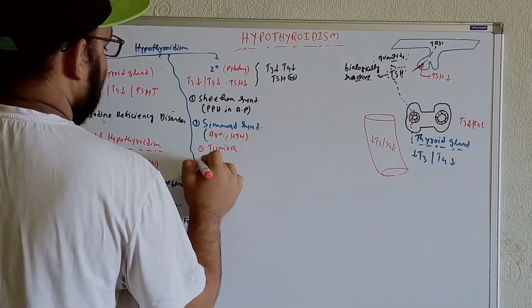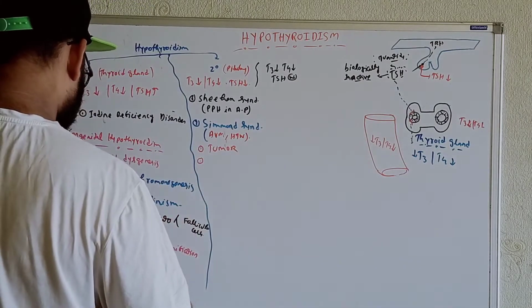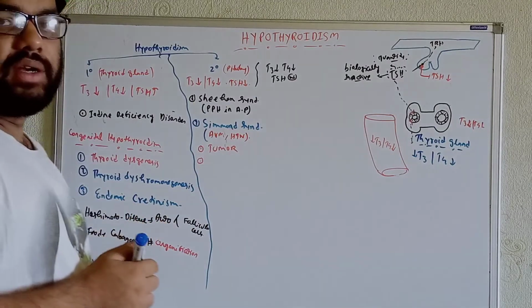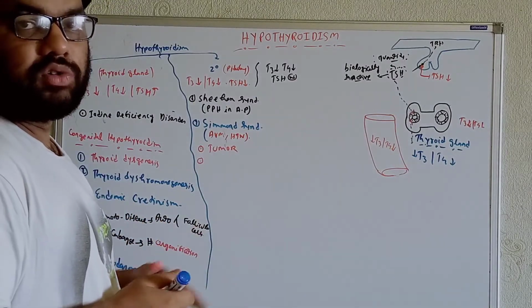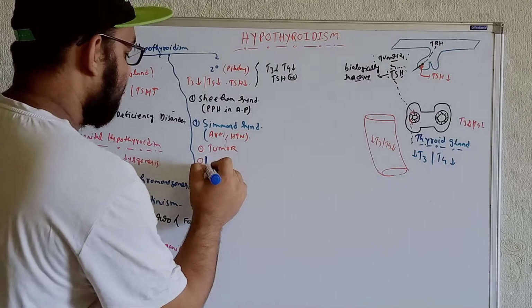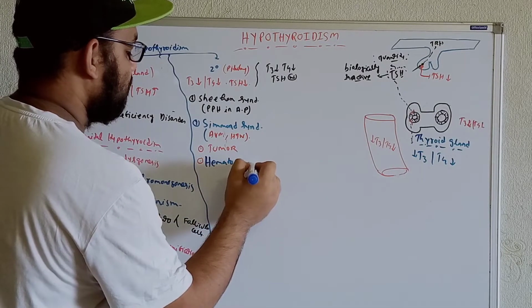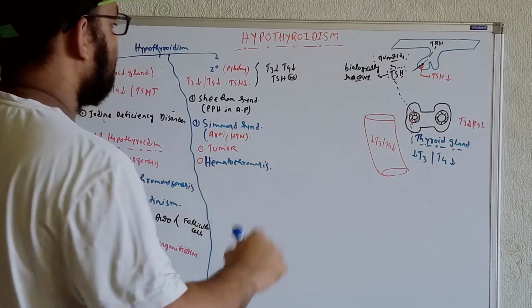Besides these, you have to know hemochromatosis. I explained hemochromatosis in terms of bronze diabetes. Hemochromatosis can also cause secondary hypothyroidism.